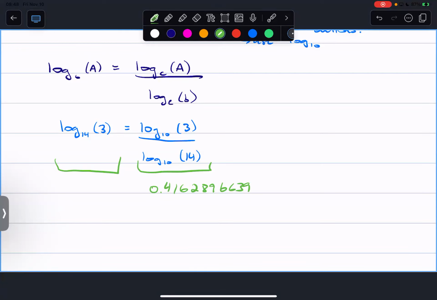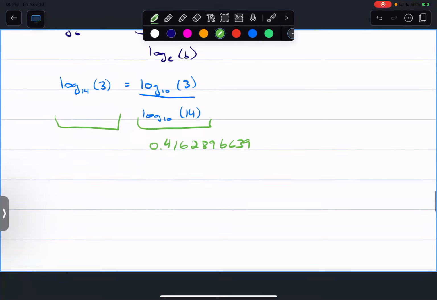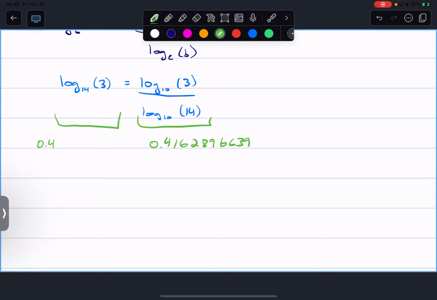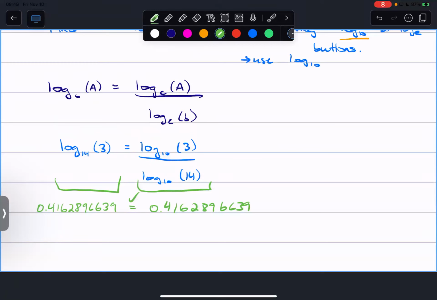Log base 14 using the fancy button of 3 gives 0.41628966639. So they're the same. Nice. So there's absolutely that workaround. If you don't have the fancy button, you only need one log button to get to all the rest. Just a little bit more work.